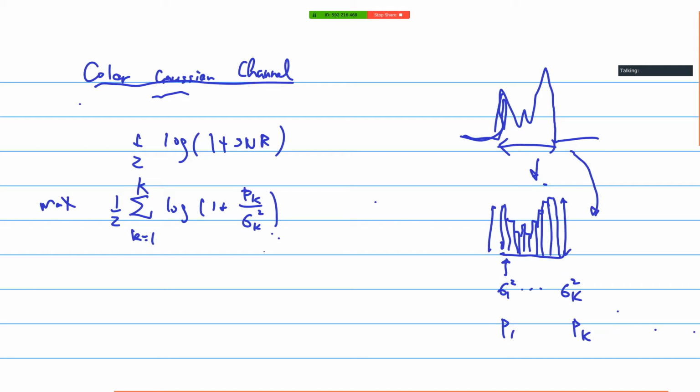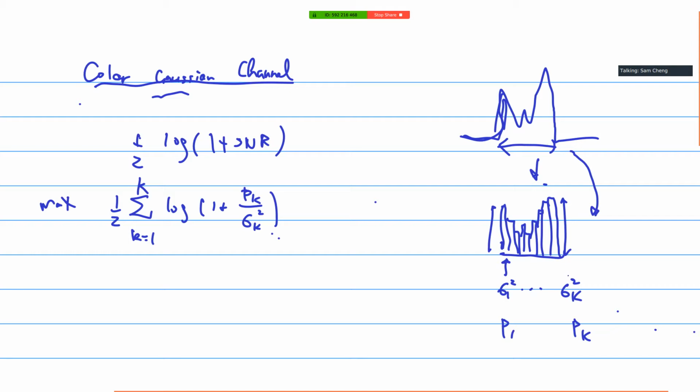Let's forget that one. We just simplify this here, because I'm assuming here will be K parallel channels. You can think of that W as kind of like the K here, right? Because you have K of them, right?